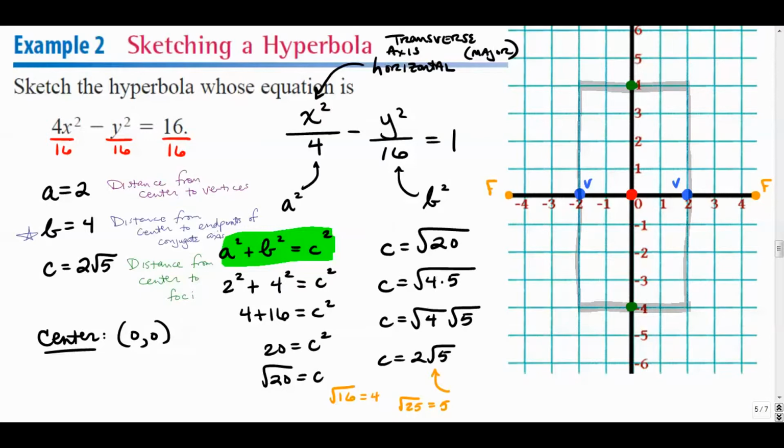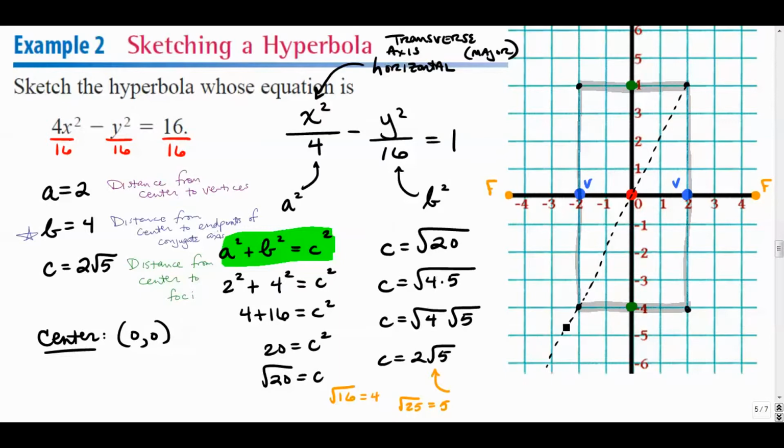And what that's going to do for us is provide us with a point right here, here, here, and here that will guide our asymptotes. In other words, the asymptotes are going to go from the center to this point. So I'll draw that as a dotted line. And it'll go from the center to this point, and it'll keep going.